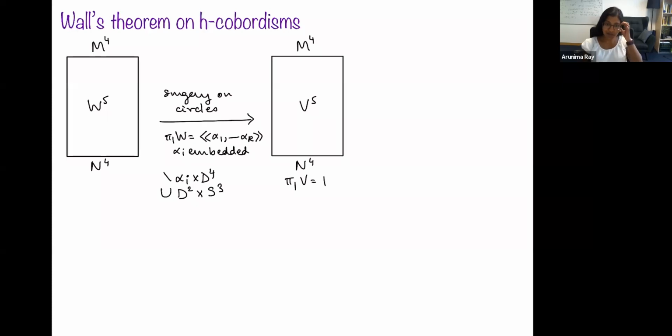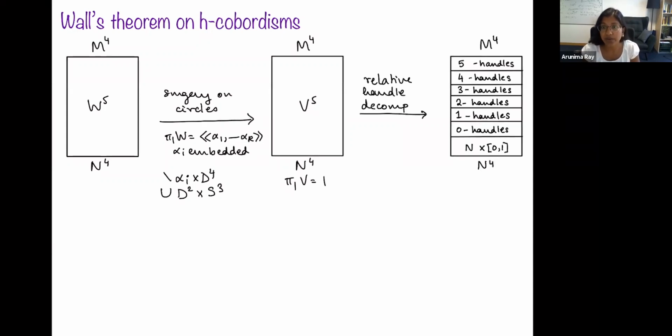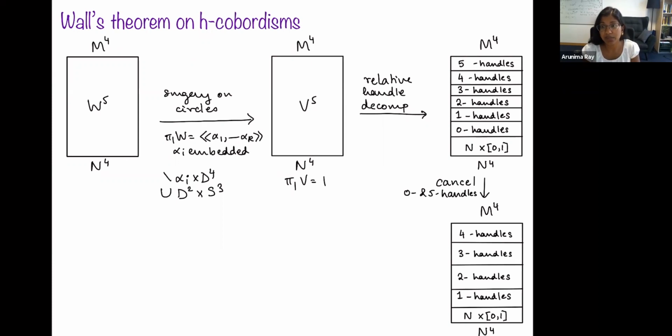Now this is where all of our warm-up from the previous video is going to come in handy. Once I have this simply connected cobordism, it's also smooth, so I get a relative handle decomposition. Then, like we saw last time, I can assume that these handles are attached in increasing order of index. In this case, they go from 0 to 5 index handles. The next thing we did last time is we said that we can assume that there are no 0 handles, so I can get rid of those.